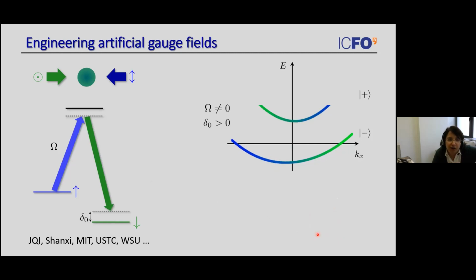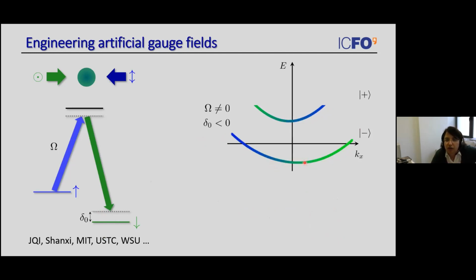So things become more interesting if we introduce some detuning between the two beams, because when we do that, depending on the value of the detuning, this parabolic dispersion in the lowest dressed state either shifts to the left here, no? Or to the right.